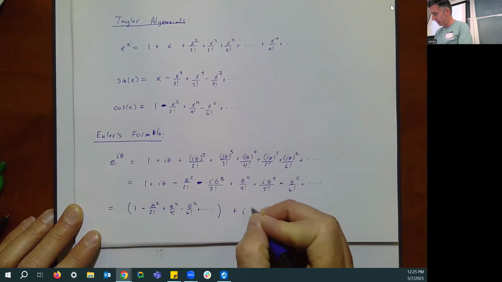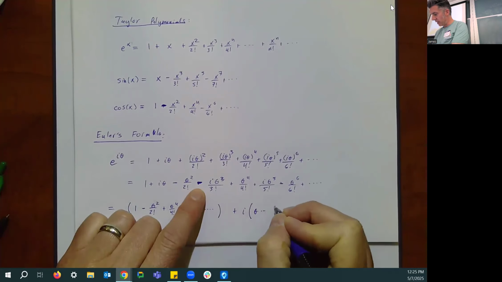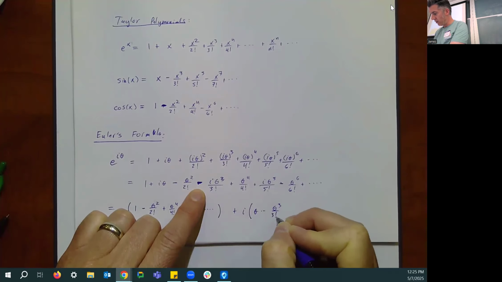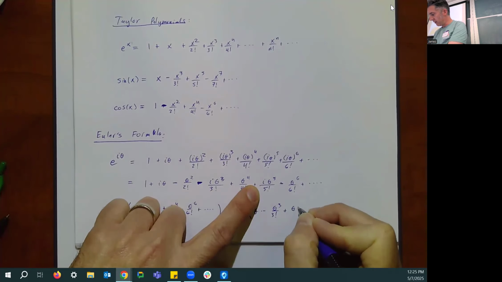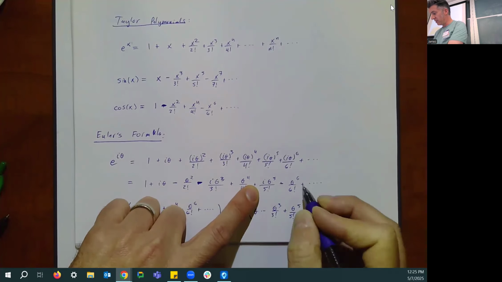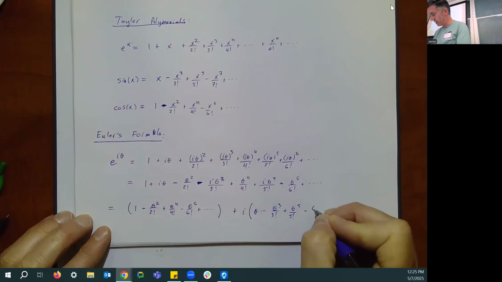So we're going to write it as i times theta minus theta cubed over 3 factorial plus theta to the 5th over 5 factorial. And the next term I didn't write would have been minus theta to the 7th over 7 factorial.